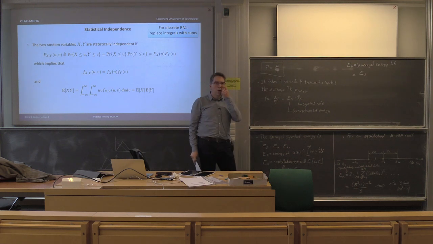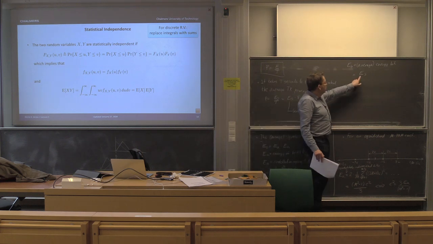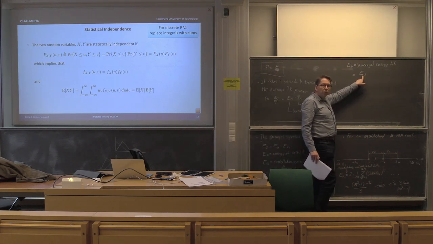So how would you go from energy per symbol to energy per bit? Well, we know that one symbol carries a number of bits, right? How many bits is there per symbol?